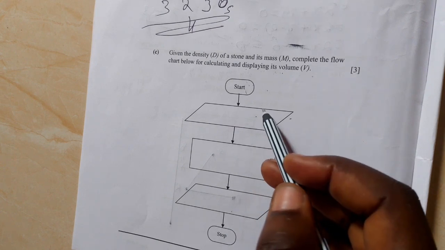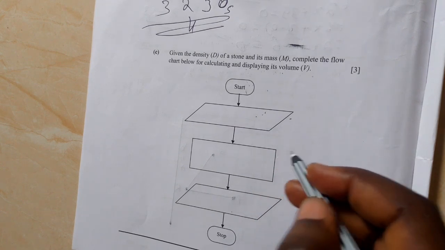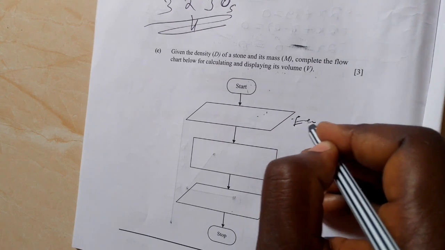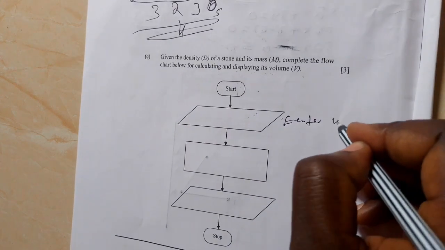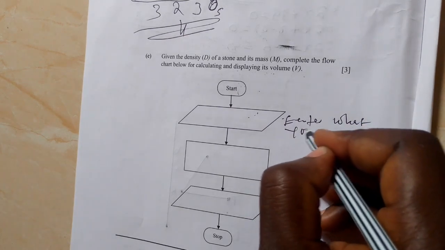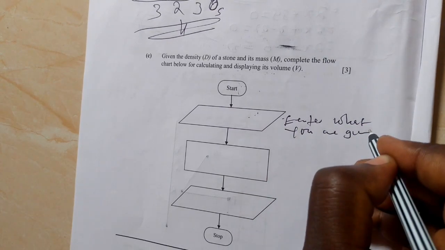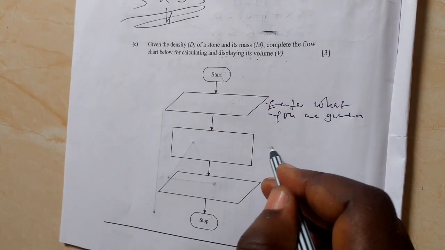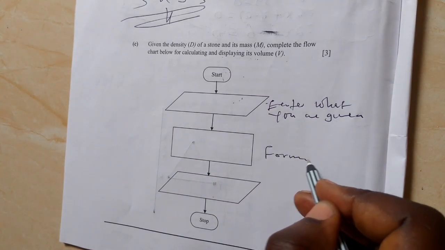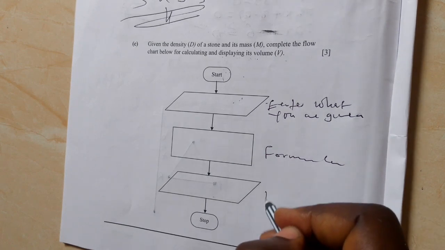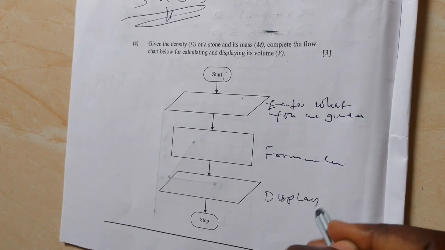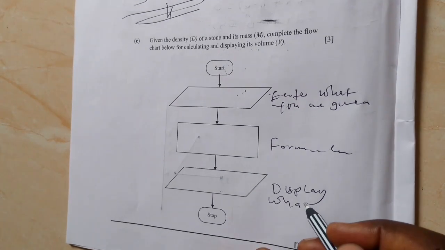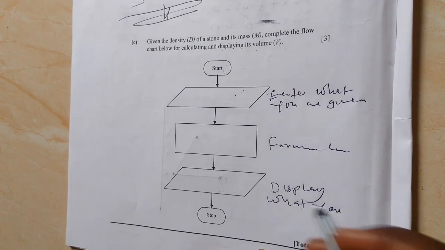Here you enter what you are given. Here you calculate. In short, you just write the formula. Here you display what you are calculating.